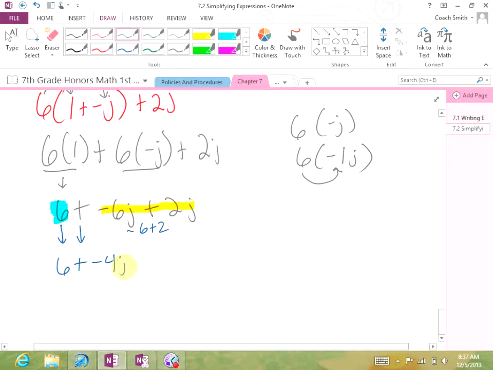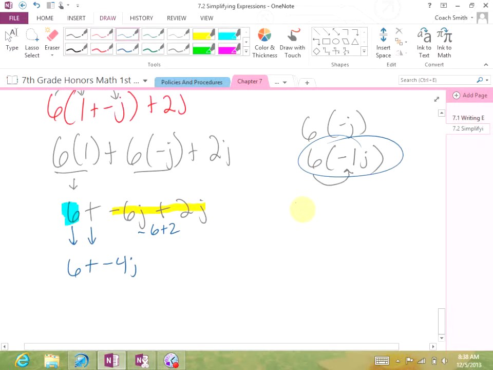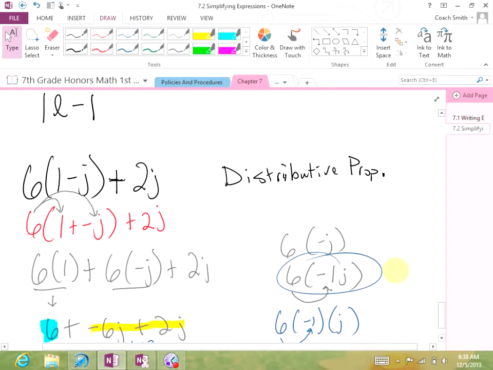Wait, but I'm confused on how you turn the 6 times j into 6. This right here? That right there is the same thing as that right there. Those two expressions are equivalent to each other. So that means I would just take and multiply 6 times 1. Now, up here we had that last problem.